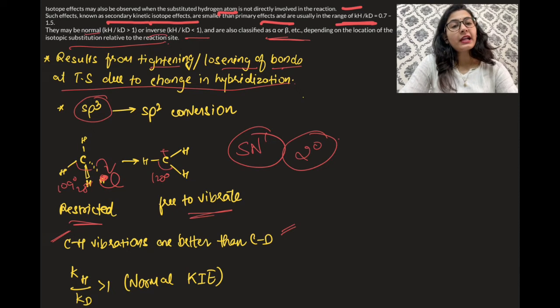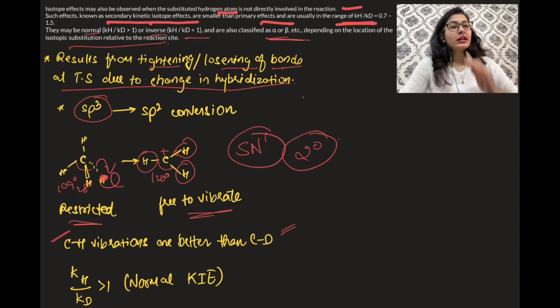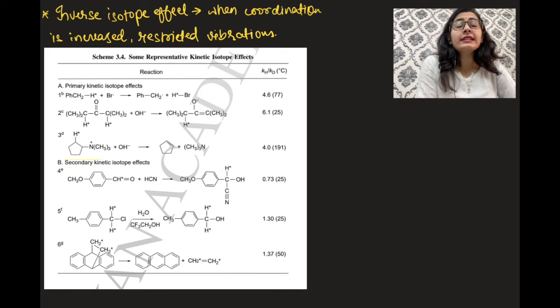Since we are talking about hydrogens directly connected to the carbocation, which is the reaction site, we call it alpha normal secondary isotope effect. So kH upon kD is going to be greater than 1, so it's a normal kinetic isotope effect.